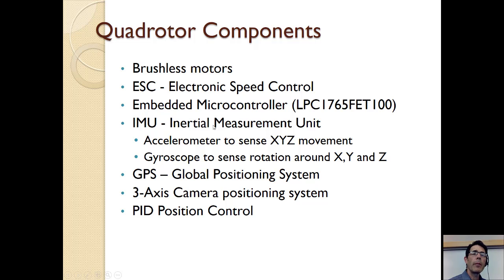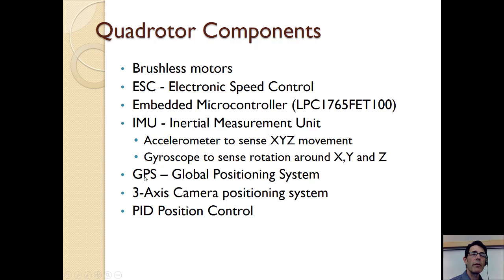And the IMU that I mentioned is sensing the orientation and position of the motor. So there's two aspects of it. Accelerometers are going to sense linear motion in X, Y, or Z, and the gyroscope is sensing rotational motion around the 3 axes. So 6 pieces of data.